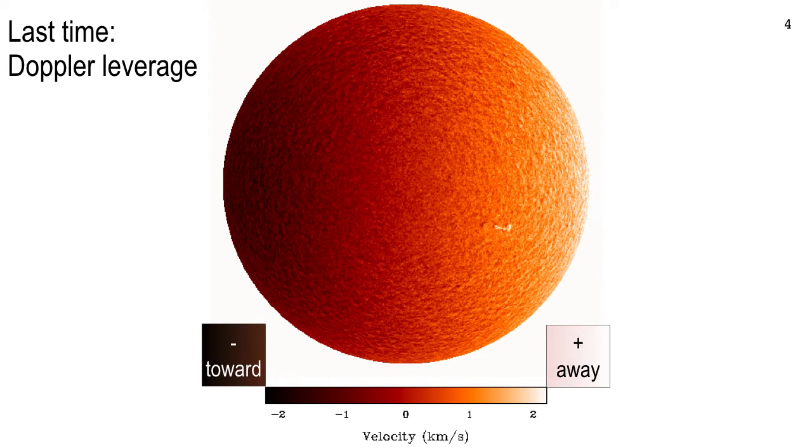Now over here, if you have a dark area, on this scale down here, -2 kilometers per second, that's the black end of this color bar, that means it's actually moving toward you. All right? So a negative velocity means toward you. Now, if something is moving away from you on the right and towards you on the left, that means it's spinning.